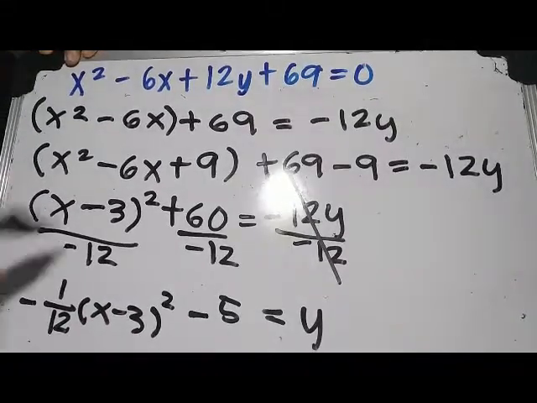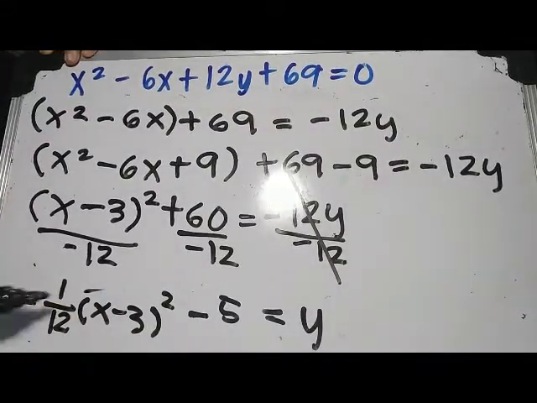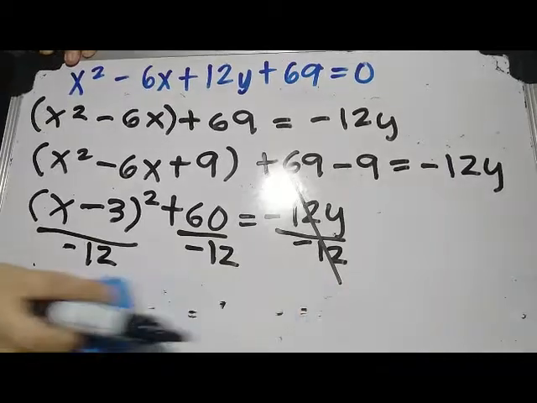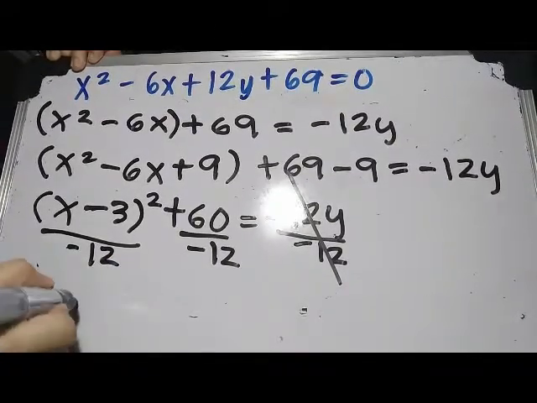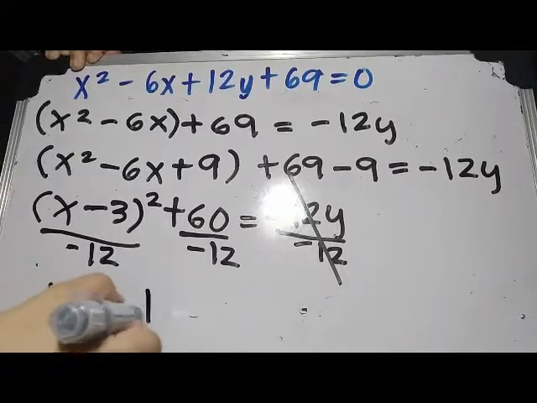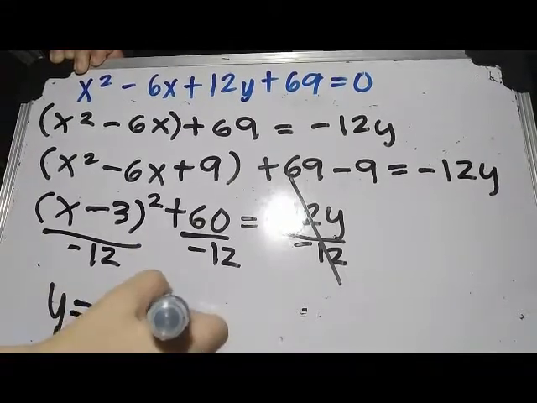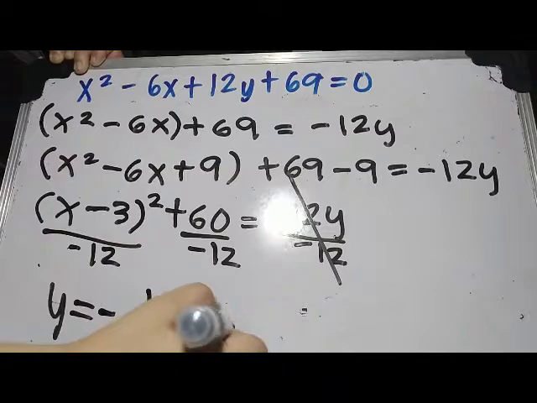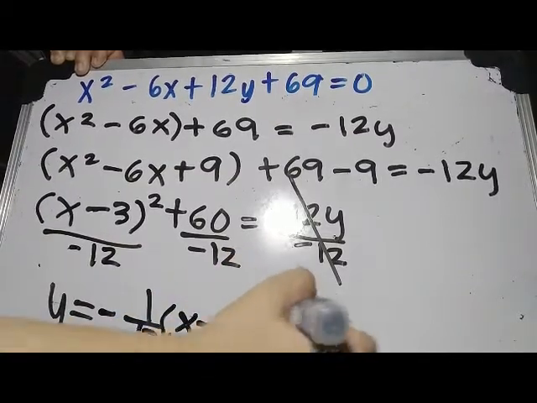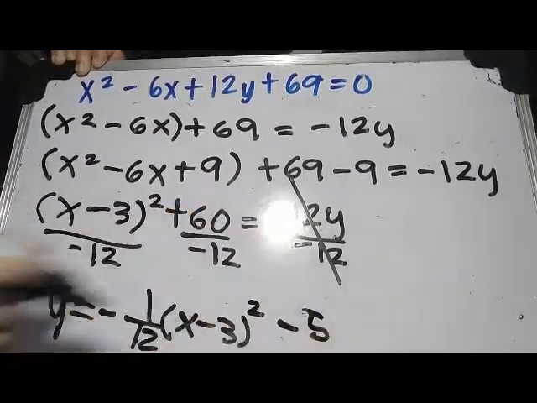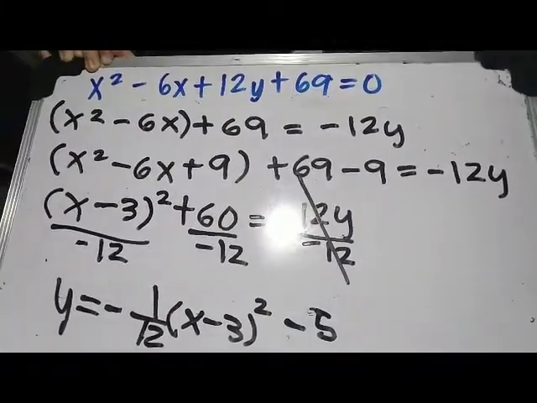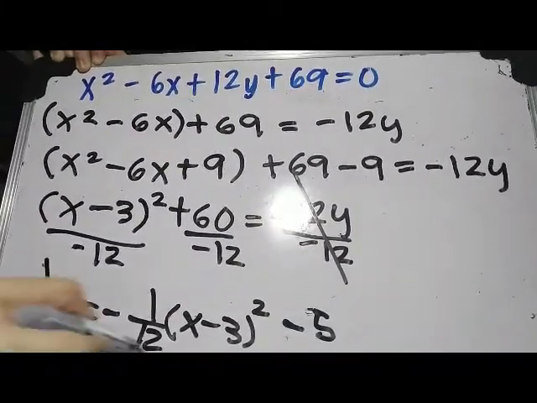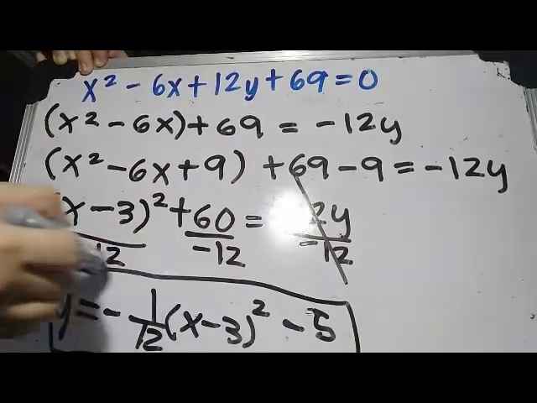Okay, so this equation right here, we could rewrite into its vertex form. So that is y equal to negative 1 over 12 times x minus 3 quantity raised to 2, negative 5. Okay, so this gives us now the vertex form or work form of our parabola.